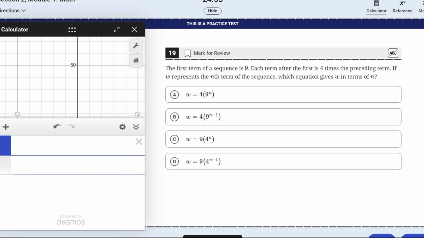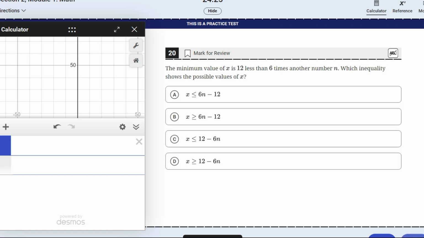All right, so it means if I plug in 1 for n, I'm supposed to have 9. That only works for D. It gives 36 for C. It gives 4 for B. So yeah.